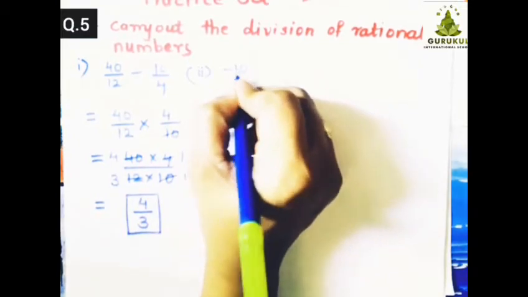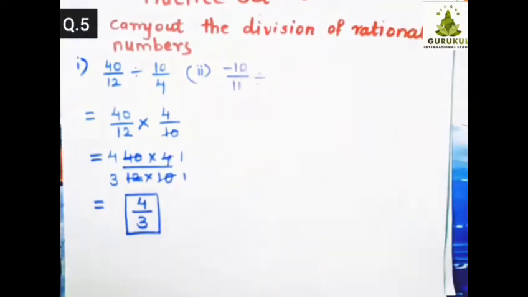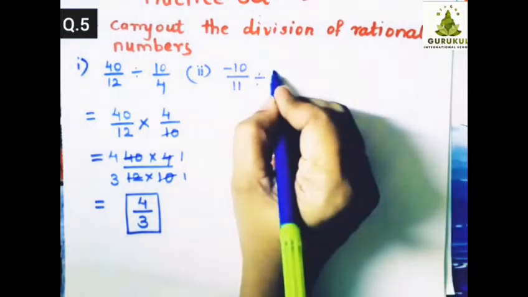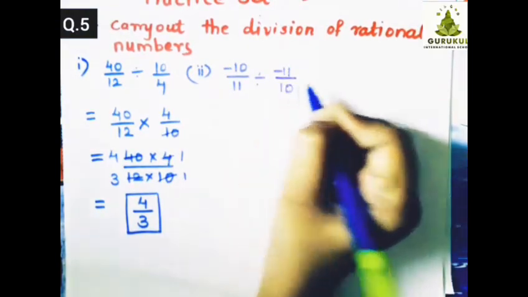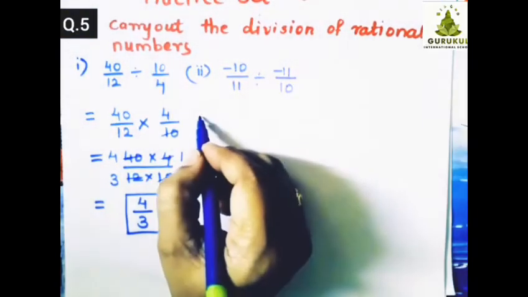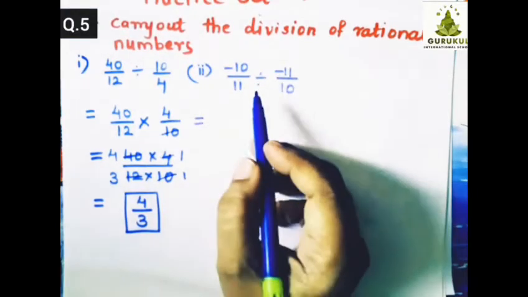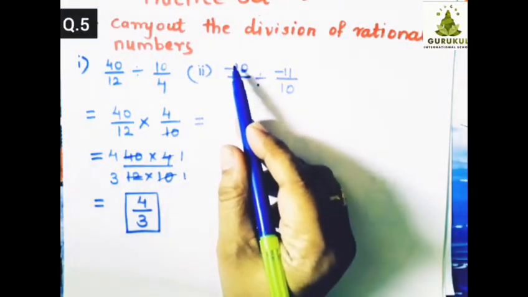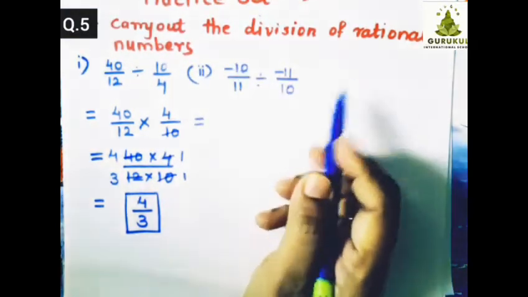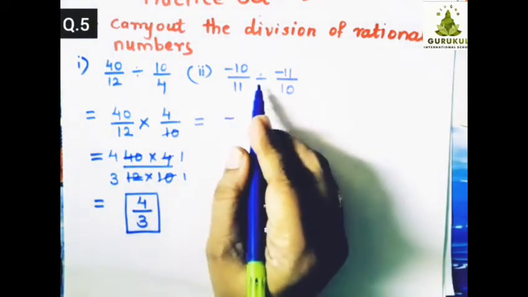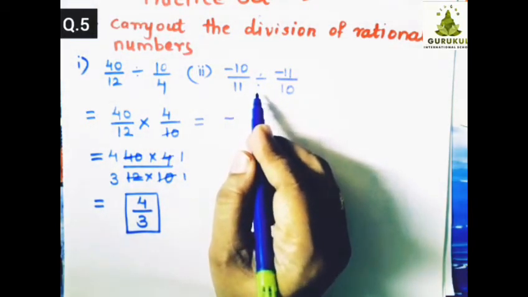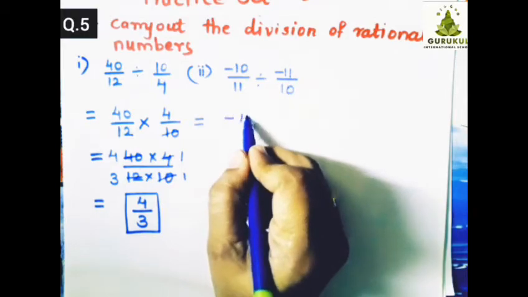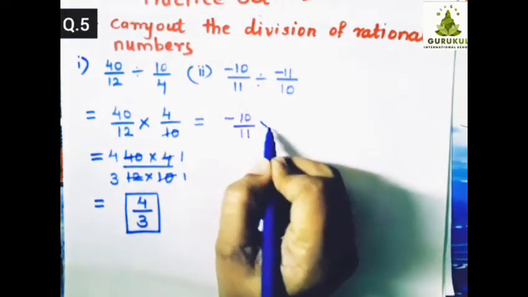Minus 10 upon 11 divided by minus 11 upon 10. Now some of the children will make a mistake in a hurry. What they will do, they will simply cancel this 10 10, 10 ones are 10, but no, what is there? The division symbol is there in between. First we have to convert it to multiplication.